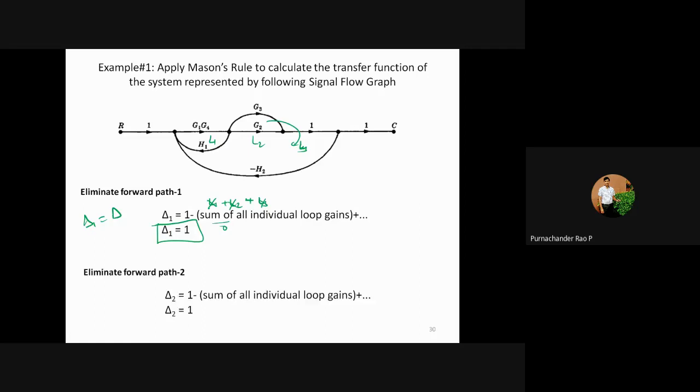And next, the second forward path. So the second forward path, what we have taken here, this is 1, G1, G4 into G3. Okay, so for this forward path also, L1 is touching, L2 is also touching, and L3 is also touching the second forward path. And that's why delta 2 is equal to 1 again. Is it clear?